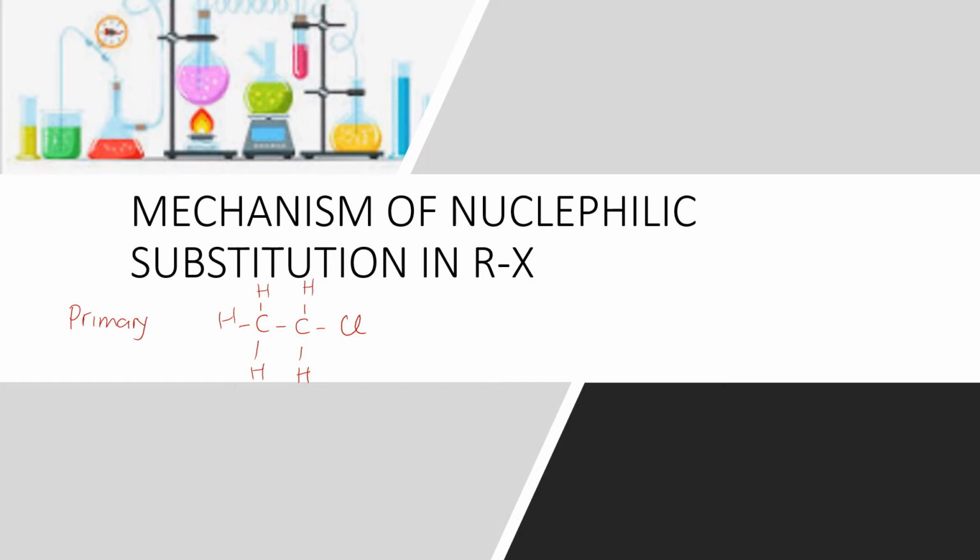For example, ethyl chloride is a primary halogenoalkane because the Cl is attached to this C and this C is attached to only one C.